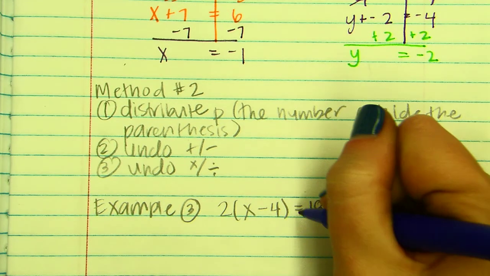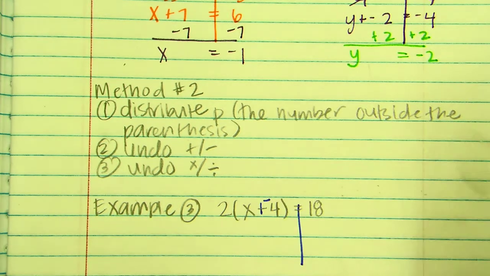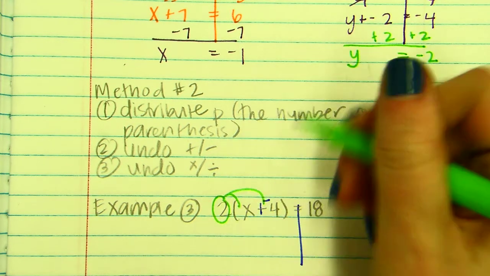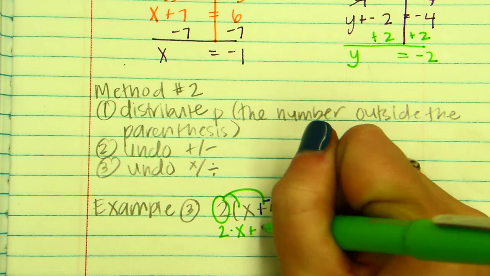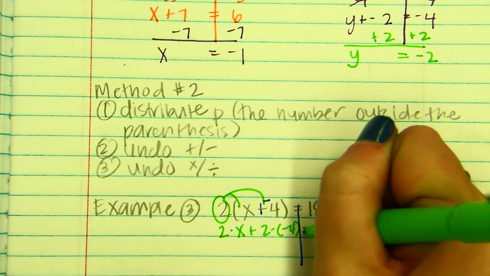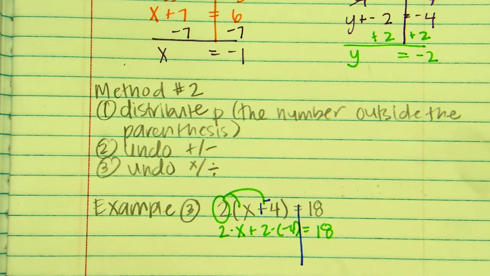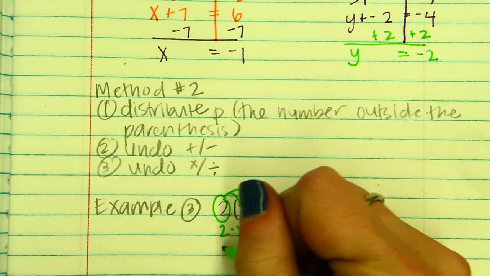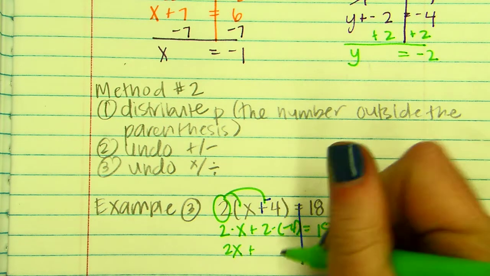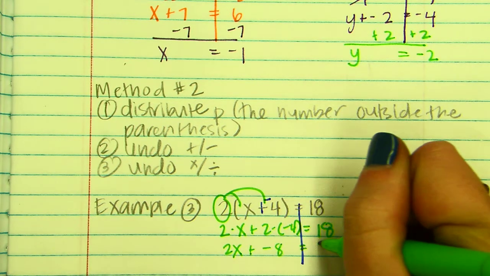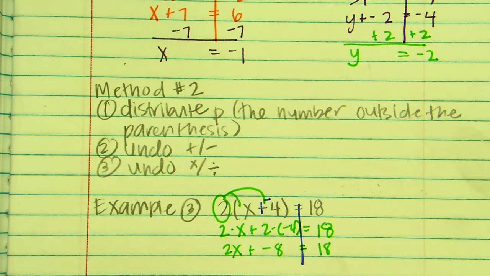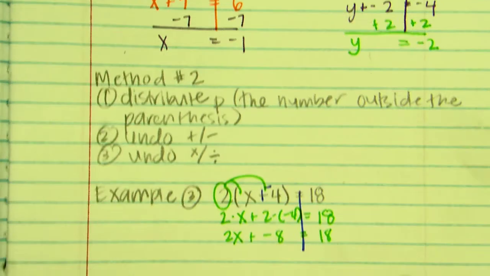So first thing I would do is change the sign of the one behind. Now step 1 is to distribute the number outside the parentheses, so I distribute the 2. So I have 2 times x plus 2 times -4 equals 18. Then I'll simplify. 2 times x is 2x. 2 times -4 is -8. Now I have a two-step equation like we're used to seeing in the lesson from last time.